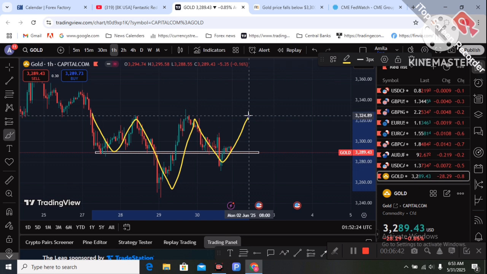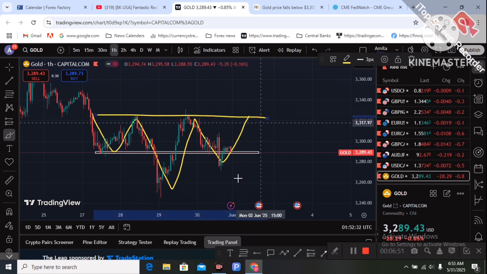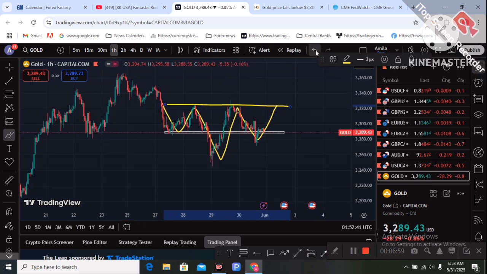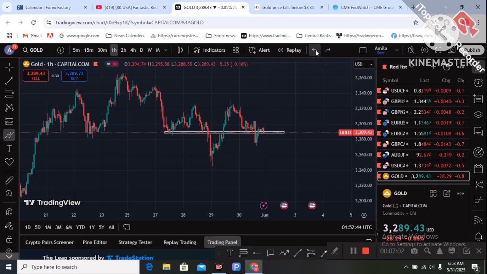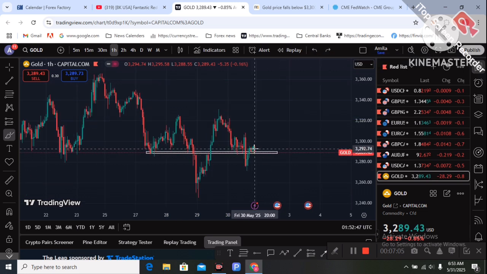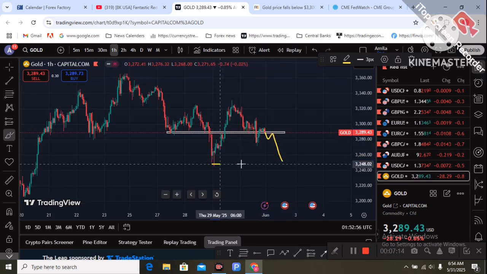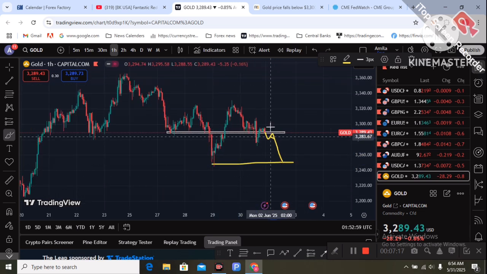It can be a head and shoulder pattern like this: left shoulder, head, right shoulder. The next resistance level is 3300. That's the important levels and zones for gold trading next week. If price breaks to the downside and continues to the downside, that is your sell opportunity in gold trading. The below target is 3200.